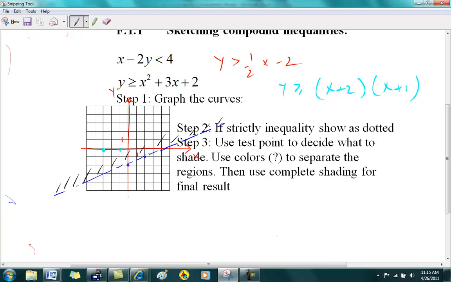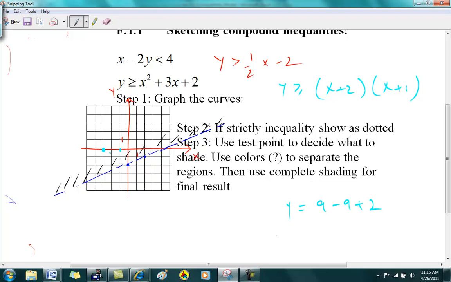The vertex x value is going to be midway between -1 and -2, so that's -3. If I put -3 in the equation, I get y equals 9 minus 9 plus 2, so the vertex is at -3, 2.